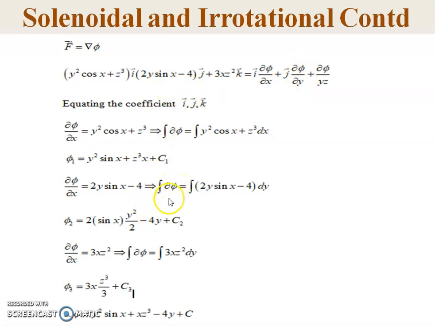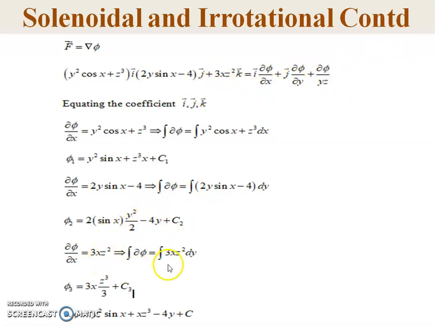Integrating this with respect to y, 2y becomes y²/2, the 2s cancel, sin x is constant, and minus 4 integrates to minus 4y plus c2. The third component is dou phi by dou z equal to 3xz².